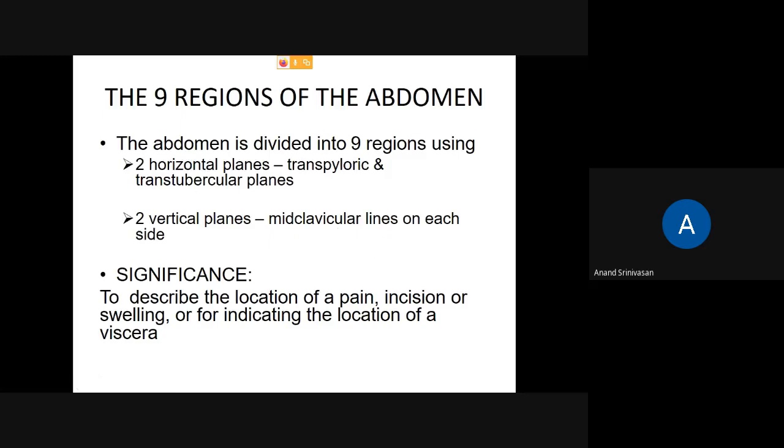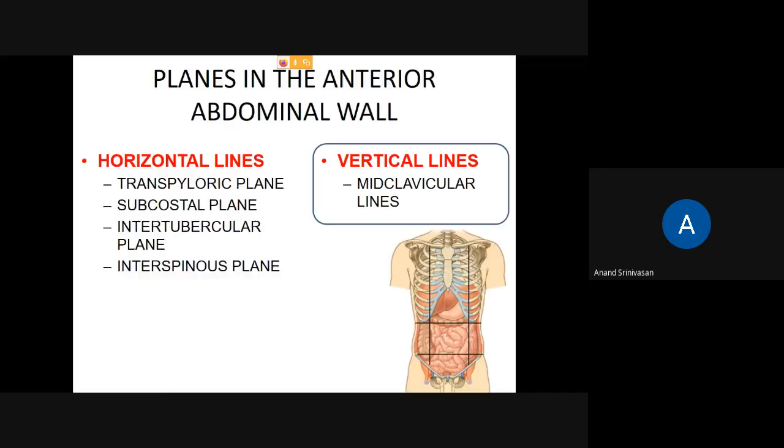Now, why should we divide it into 9 regions? You know that the abdomen is like a Pandora's box. You do not know what is inside the box. A person coming with abdominal pain can have it due to many reasons. It can be due to the liver, gallbladder, stomach, spleen, intestines, pancreas, appendix.